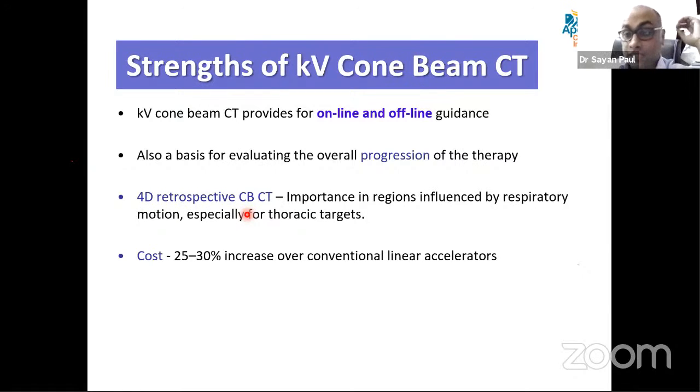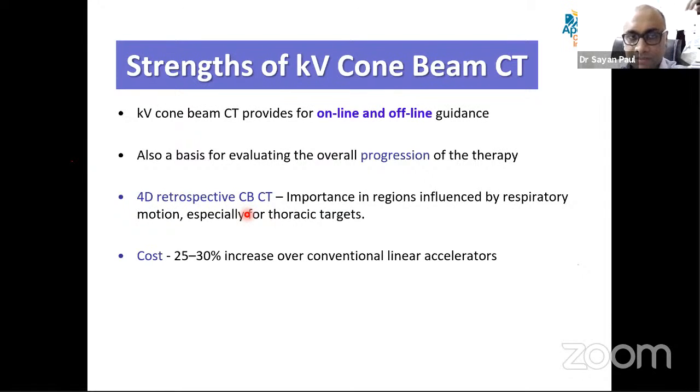And it can give you an idea of progression of therapy. Like you are giving radiation to a particular area, whether the tumor is decreasing in size or it is increasing. Sometimes it may not respond to radiation and increase, and you can take action accordingly. You can get a 4-dimensional CBCT. So we had a 4-dimensional CBCT in an Elekta machine, and you can check in cine mode the organ motion.